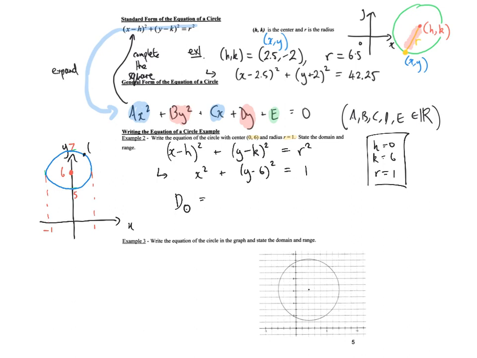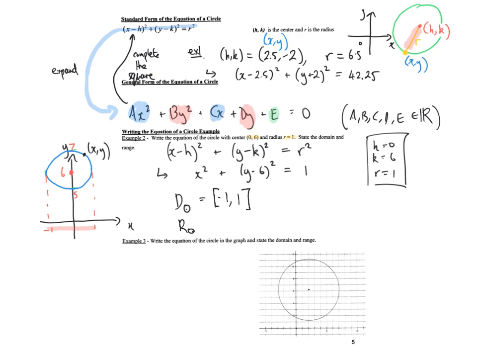So remember, inputs correspond to the x coordinates. So what are my possible x coordinates for this circle? You can see the possible x coordinates lie between -1 and 1. Now, -1 and 1 really do occur as x coordinates, as inputs, so I should have square brackets there.